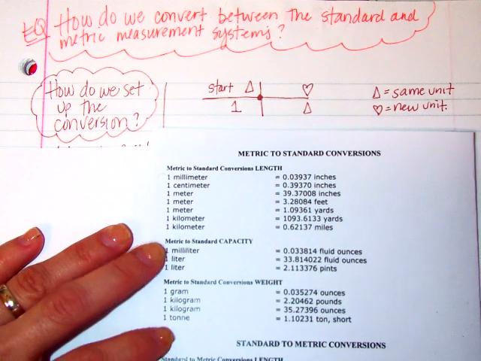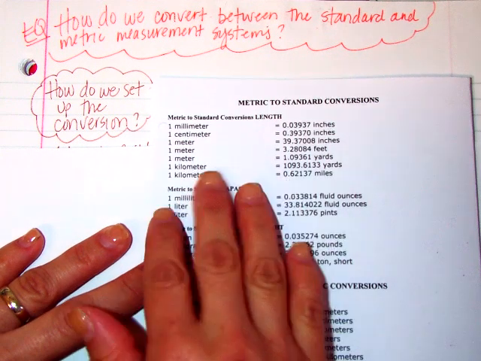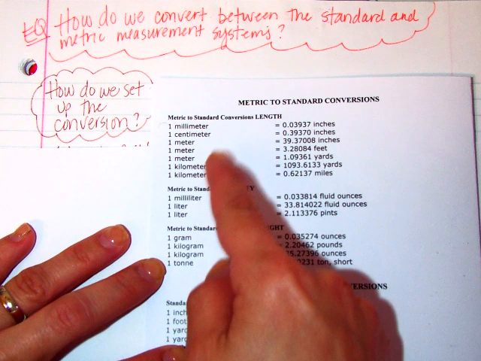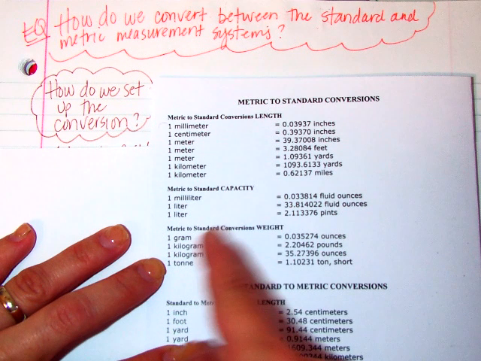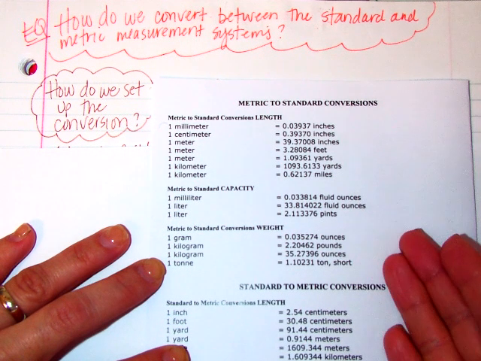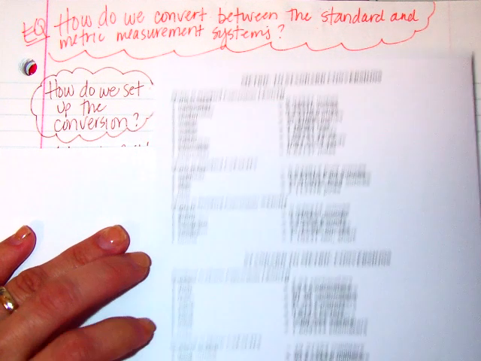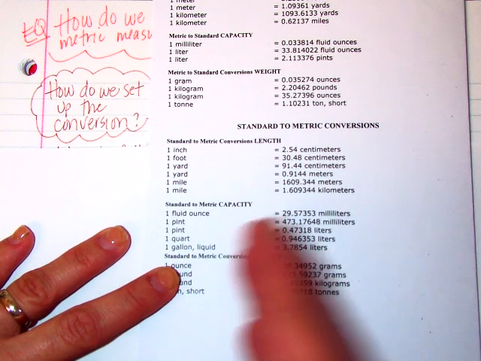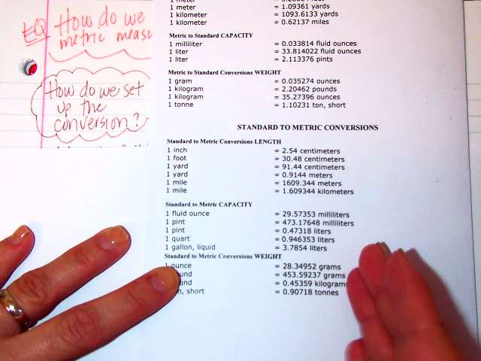Now, we're either going to go from metric to standard, so from like kilometers or kilograms or liters to what we use here in the United States, or we are going to go from what we use here, standard, to the metric system, okay? So let's get started.